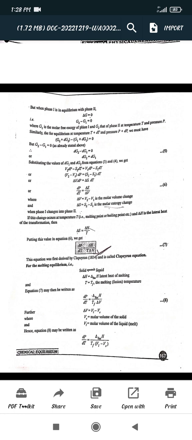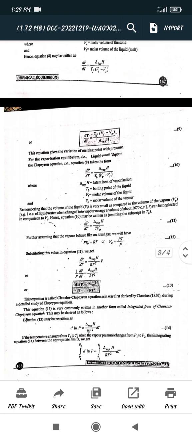Equation 7 can be written as dP by dT is equal to delta fH by Tf into delta V. Here delta V is equal to VL minus Vs, where Vs is the molar volume of the solid and VL is the molar volume of the liquid. Hence equation 8 may be written as dP by dT is equal to delta fH by Tf into (VL minus Vs).